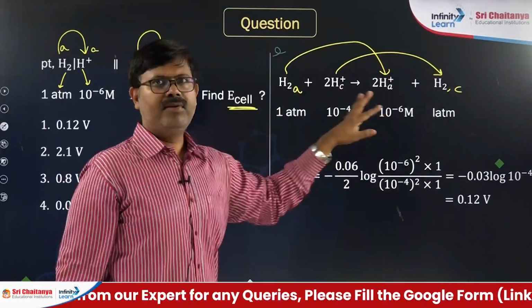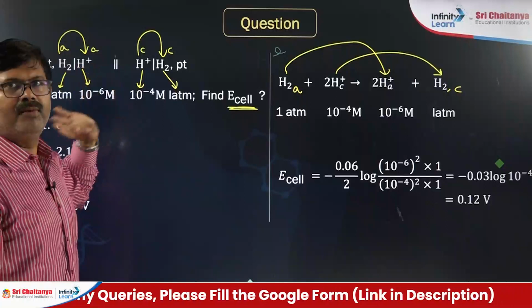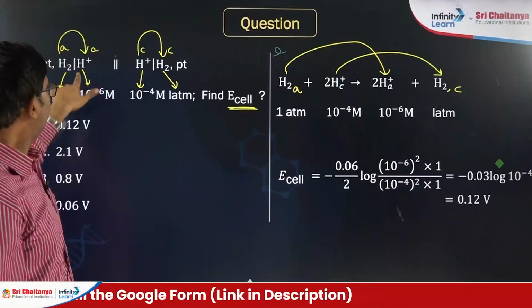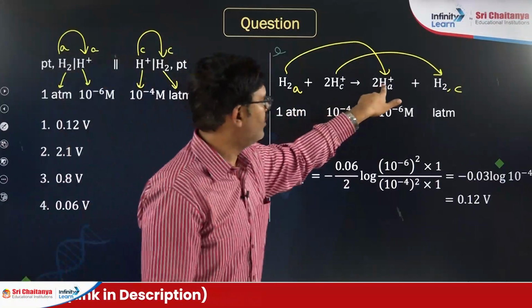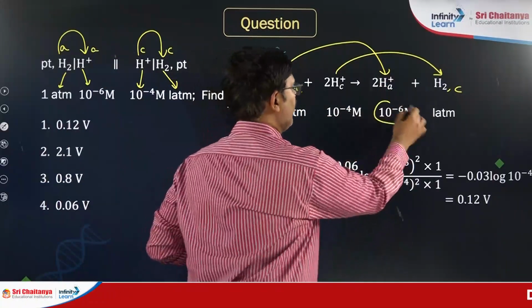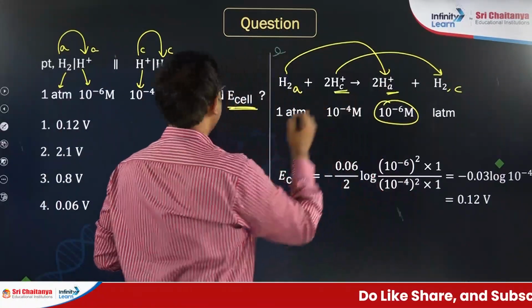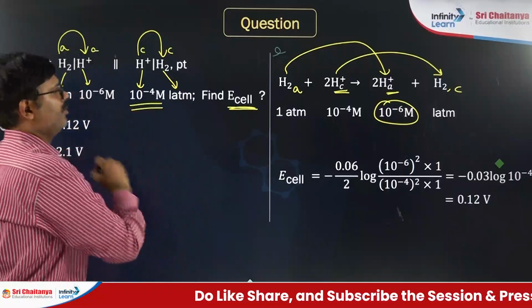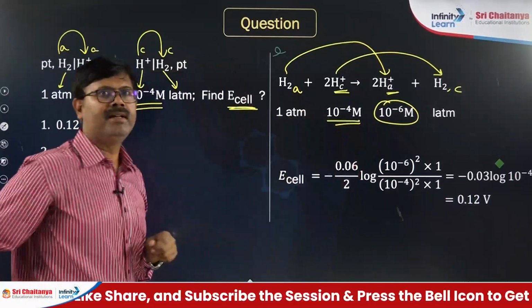Whether cathode side or anode side, H2 is 1 atm is only given, there is no problem in that. But anode side H plus is 10 power minus 6. So anode side means this one, which is 10 power minus 6. Cathode side is given as 10 power minus 4. That is the cathode side.